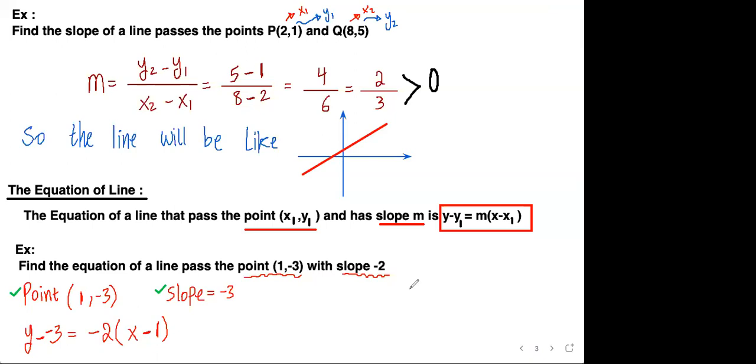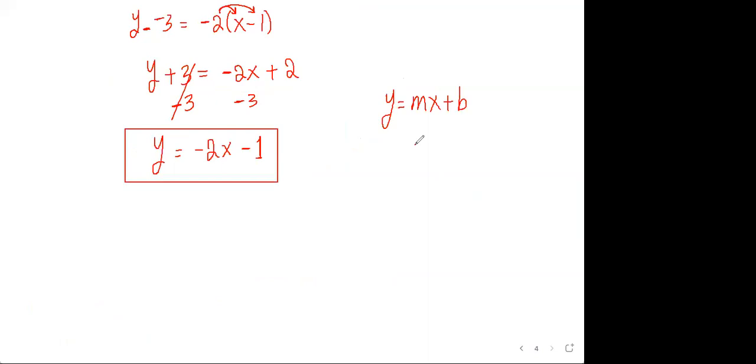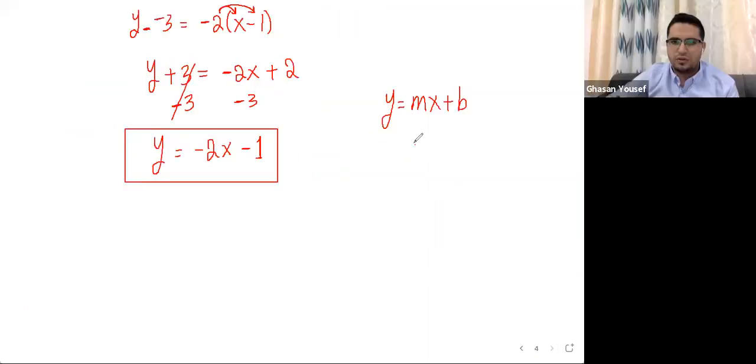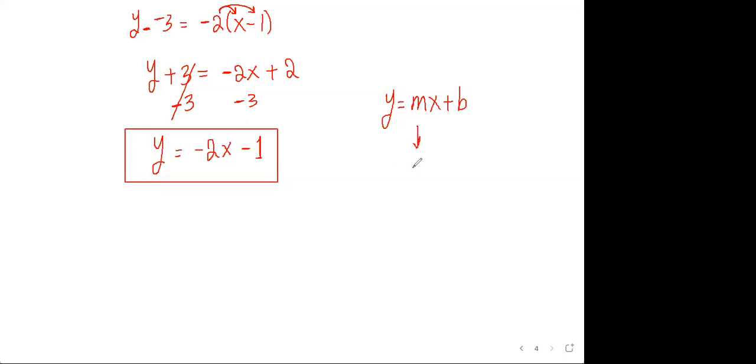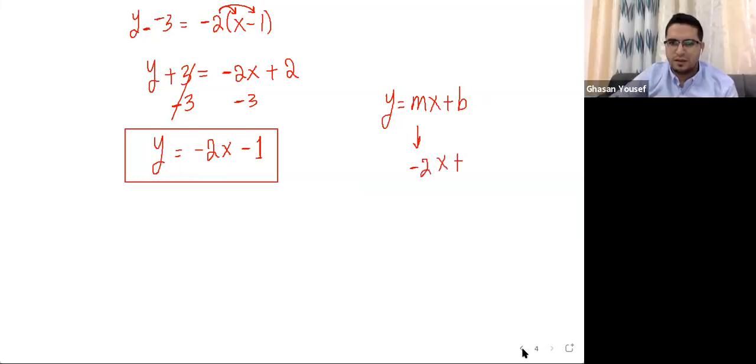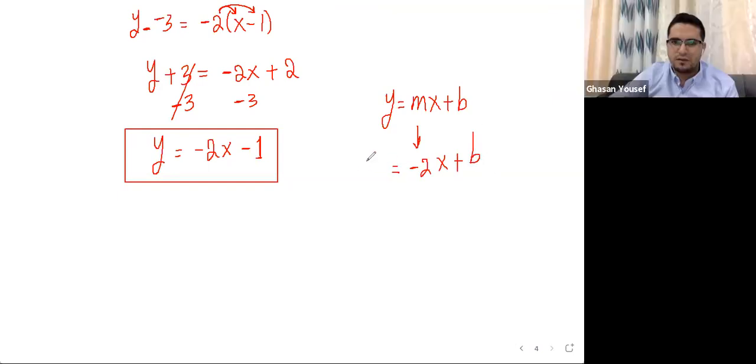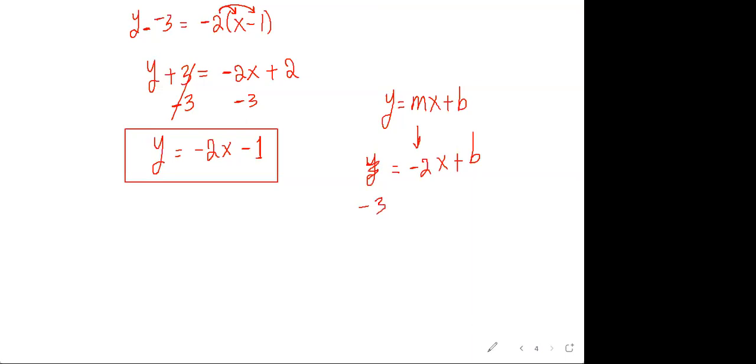So I put -3 as the y, and then I put -2 for the m. What is the b here? You just put b. And your y is -3. Yeah.